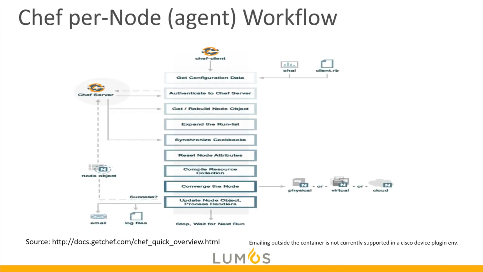So let's take a look at a workflow. Here we have, for instance, the client.rb file that has been essentially generated as Ohai has captured the information about the node that it runs on, provided to the Chef client, where it gets the configuration data from Ohai, authenticates to the Chef server, and then as it authenticates, it gets the build or rebuild the node object.